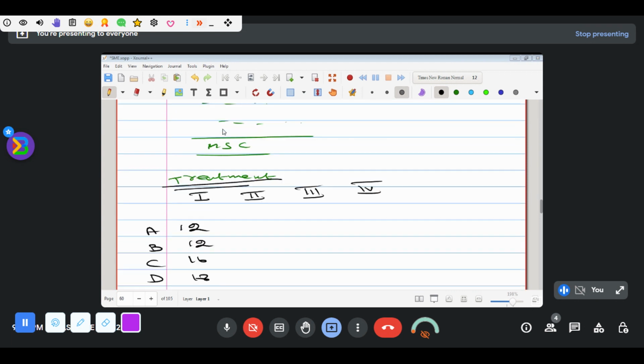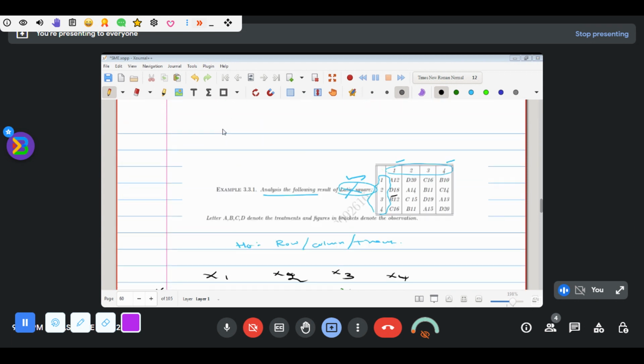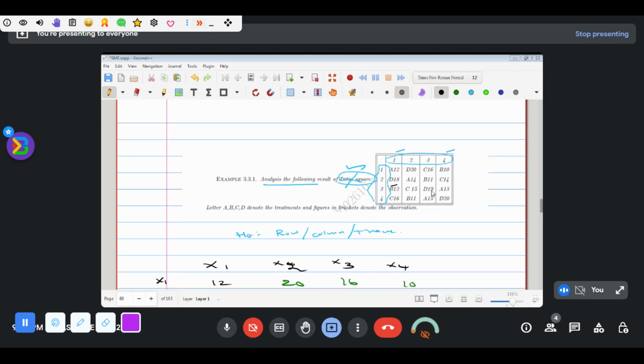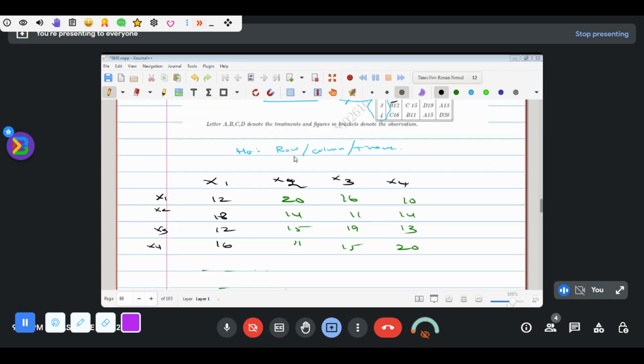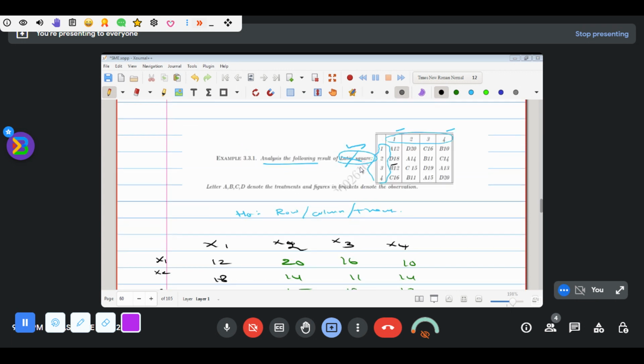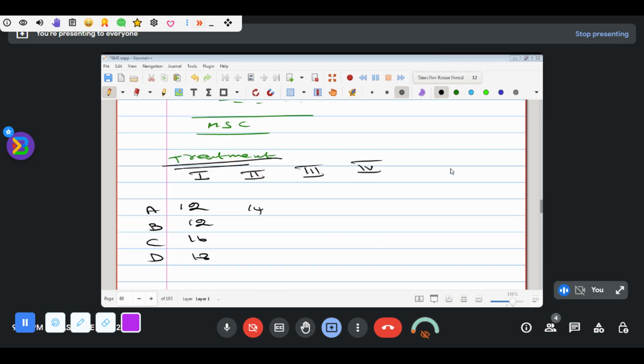Similarly, we write the second row, second column. The A value is 14, so write 14 here. What is the corresponding B value? The corresponding B value is 11, so write 11.